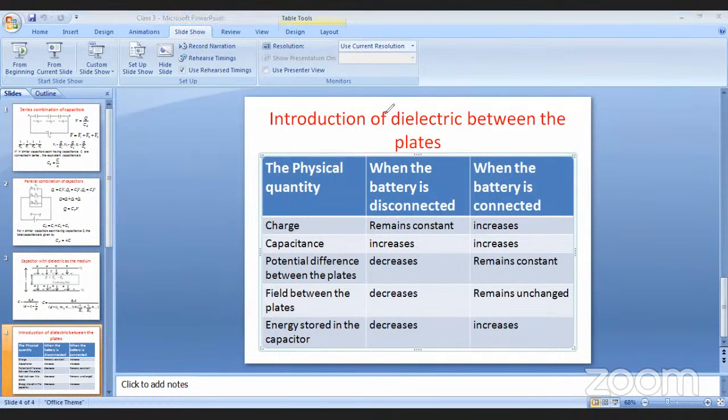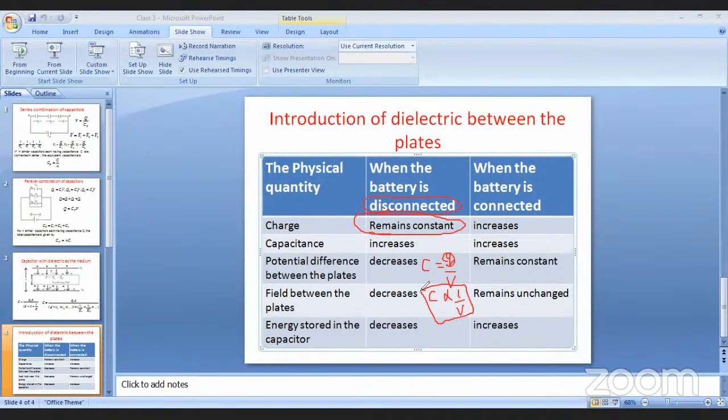So how is it happening? You all know very well, C equal to Q by V. When the battery is disconnected, the charge remains constant, as mentioned earlier. So with the charge constant, the capacitance is inversely proportional to the potential difference.